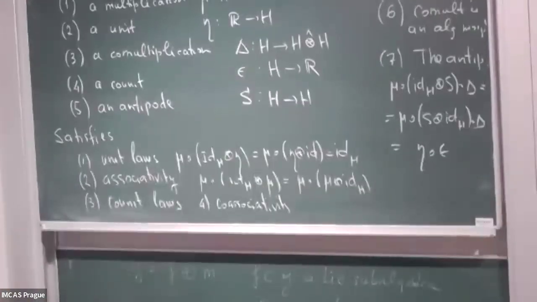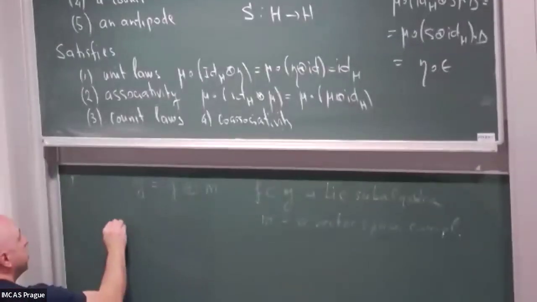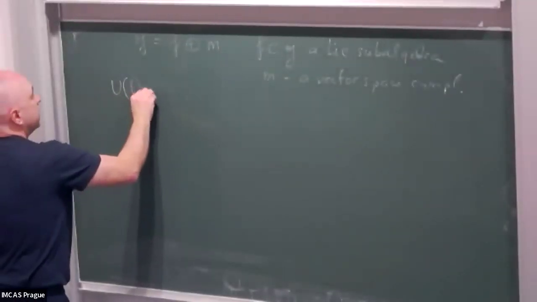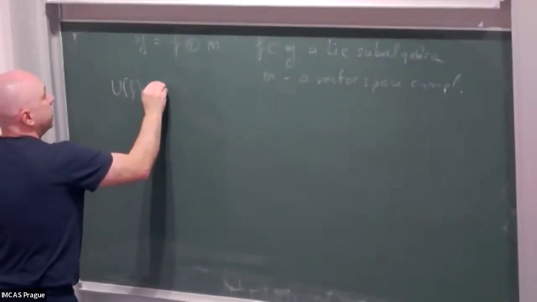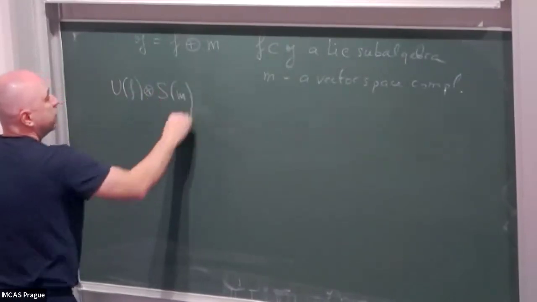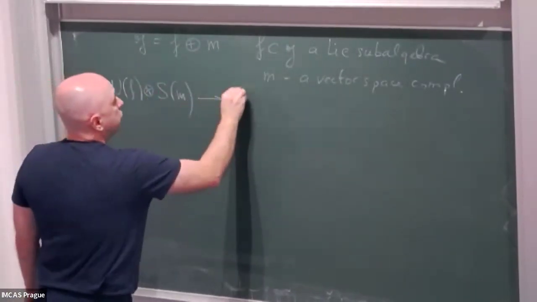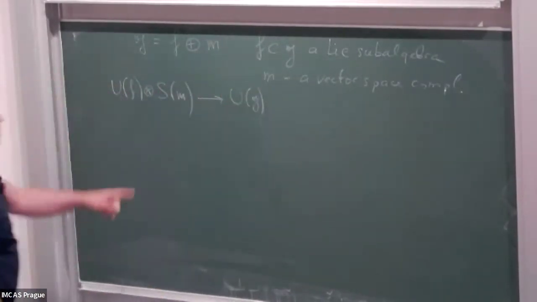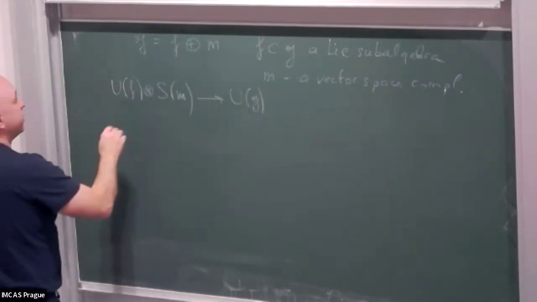Then we can write a map from U H tensor S M to U G, generalizing the above map.